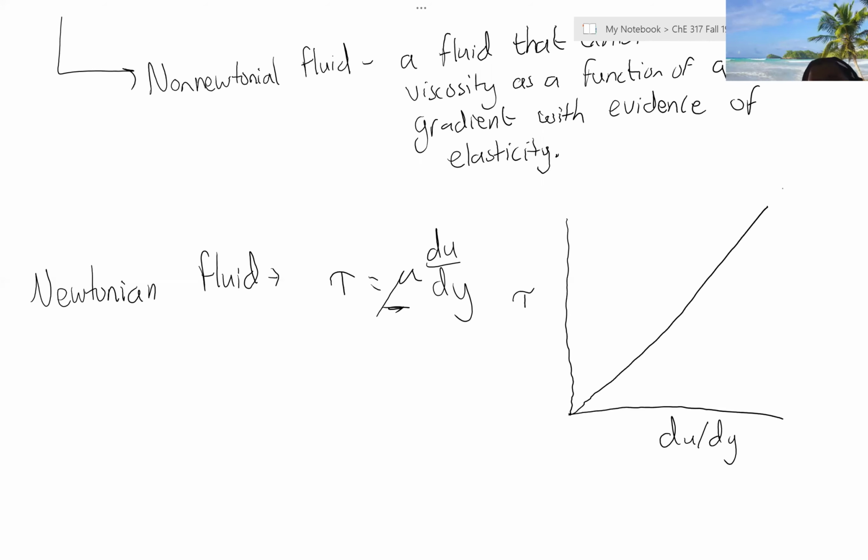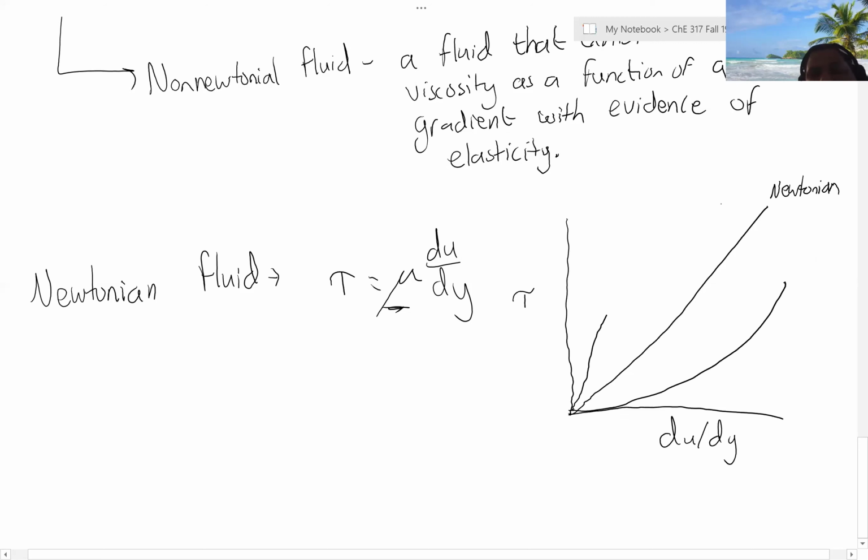So this would be Newtonian. Then you can have things that are considered shear thinning or shear thickening, things that lie outside of this curve. You can also have some, which are a few, that have almost like an activation energy for flow, and then it behaves like a pseudo Newtonian fluid.